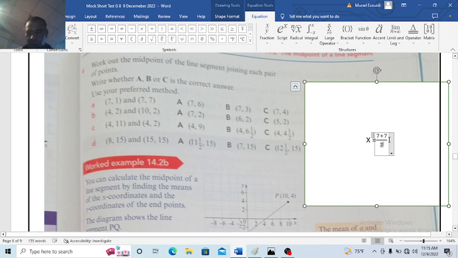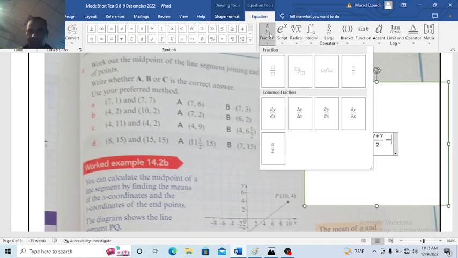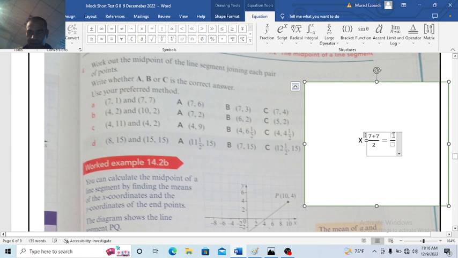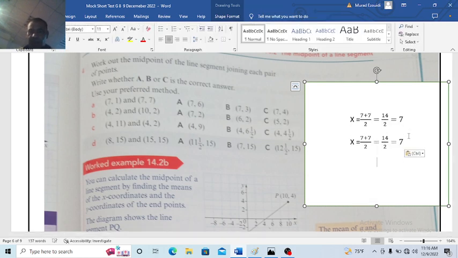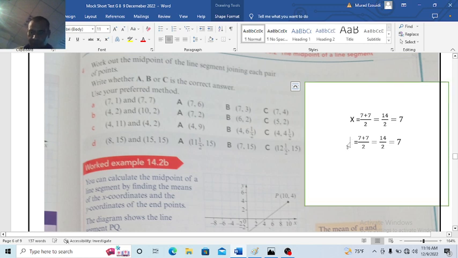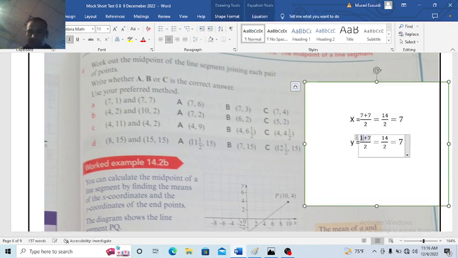So this equals 14 divided by 2, which gives 7. This is the x coordinate. Now the y coordinate is the same as that. The y coordinate of the midpoint is equal to 1 plus 7, which is 8. 8 divided by 2 gives 4.